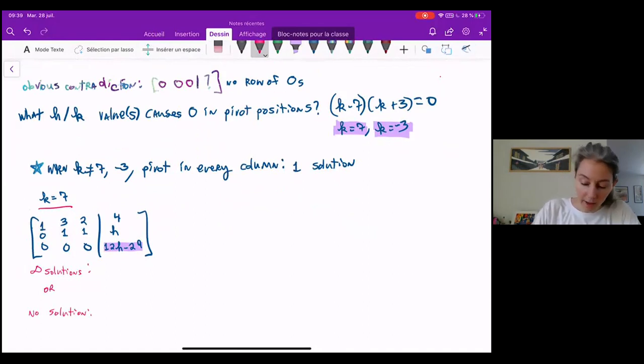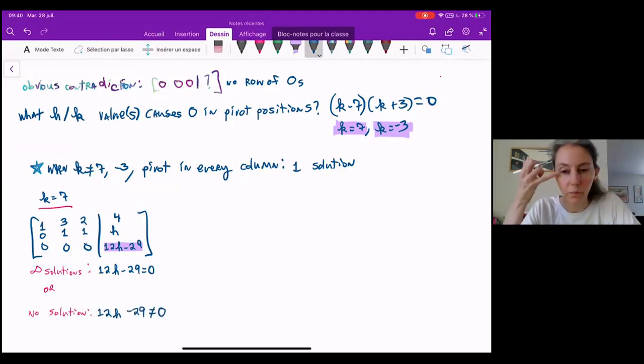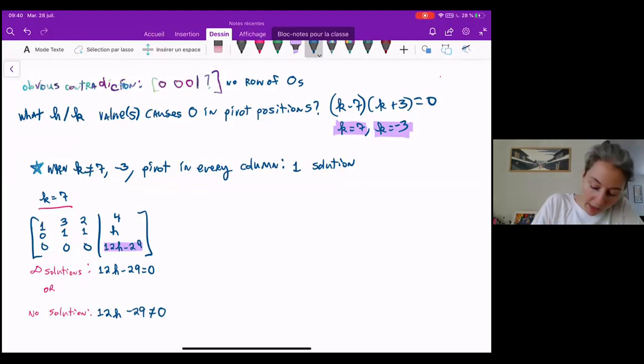So infinite solutions is going to happen if 12h minus 29 equals 0, and no solution will happen if it does not equal 0. And then we'll plug in k equal to negative 3 as well, and see that we end up with the exact same matrix.